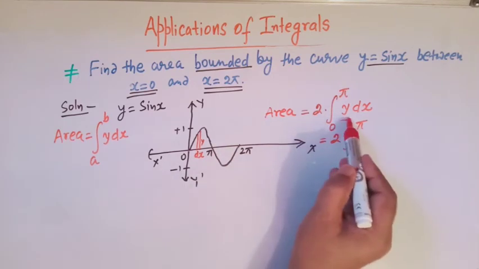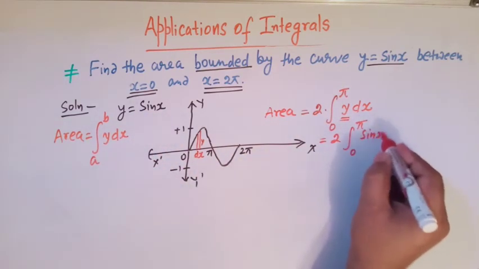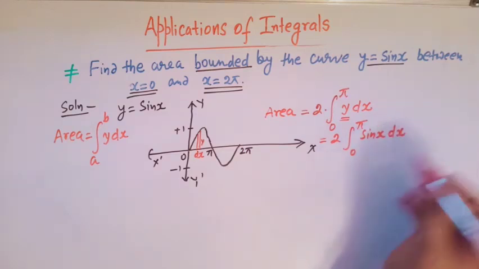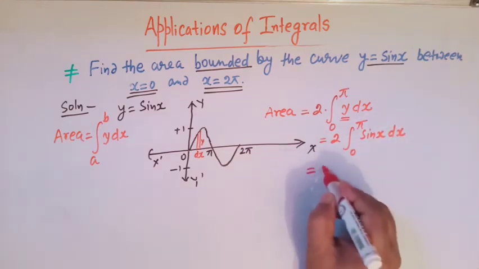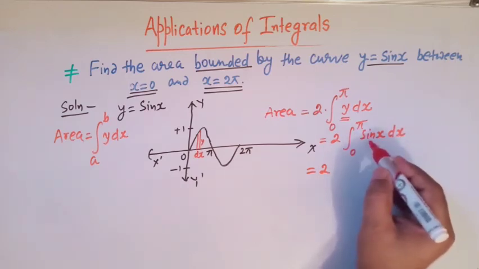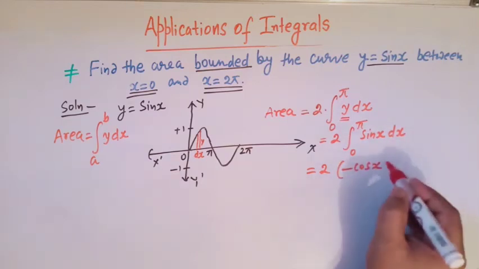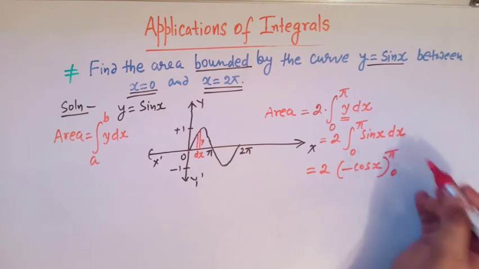So y is equal to sin x. So here we'll write sin x dx. Now this becomes a very simple problem of definite integrals. The integral of sin x is minus cos x, from 0 to pi.